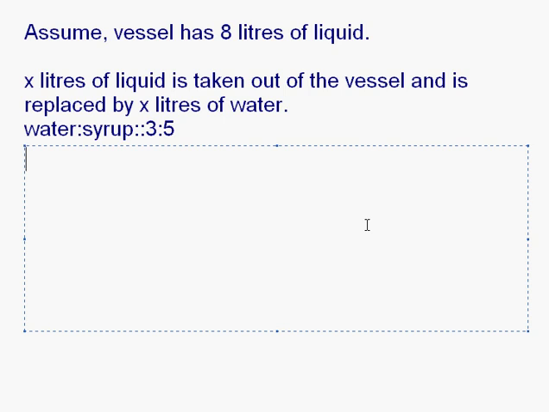What will happen to the quantity of water in the new mixture? Earlier the quantity of water was 3. Now some amount of mixture, x amount, is taken out. So the quantity of water in this mixture is 3 upon 8, 3 plus 5, right?